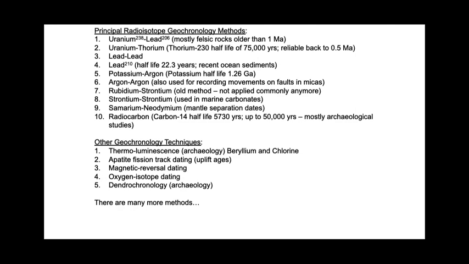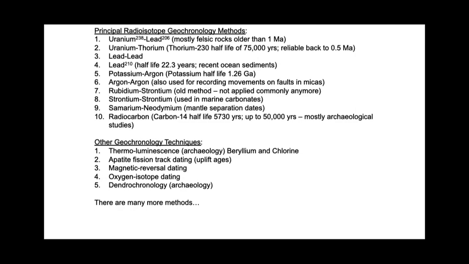And so the neodymium and samarium that's used to make those magnets was originally released from the mantle. And so with samarium and neodymium, you can get what they call mantle separation ages. It's one of the few ways that you can actually date basalts. And you can actually discover what some of the oldest ocean crust is with samarium-neodymium. And so we'll go into that in just a minute here.